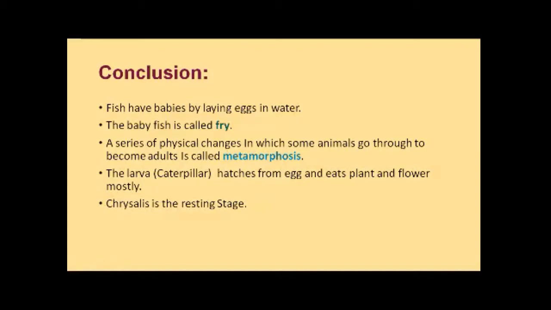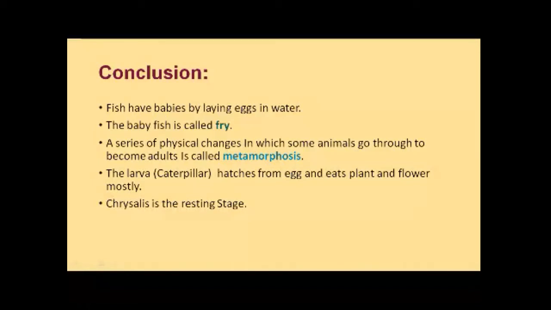As you have watched in the video, the life cycle of a butterfly starts from the egg, then it becomes the caterpillar, then pupa, then an adult butterfly. So all the series of physical changes which some animals go through to become an adult, from egg to adult, is called metamorphosis. Basically the physical changes.